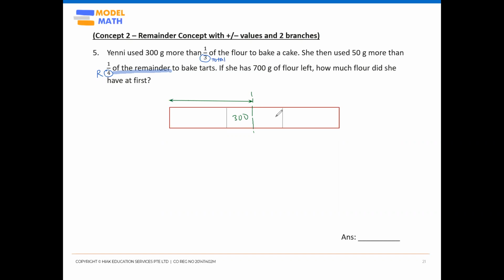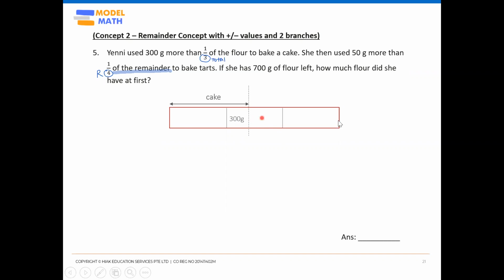There are different scenarios, depending on the type of question they're asking. In this case, it's 1 unit plus another 300 more than. All right, I'm just going to erase my writings. I'll just follow the slide. So in this case, 300 grams will be here, and 1 unit with 300 is what you use to bake the cake.